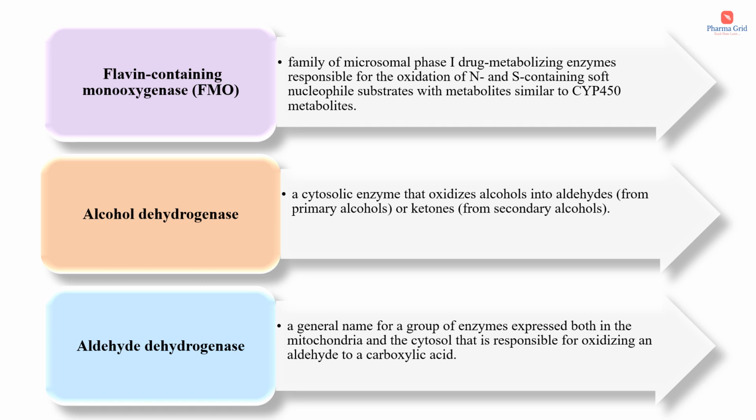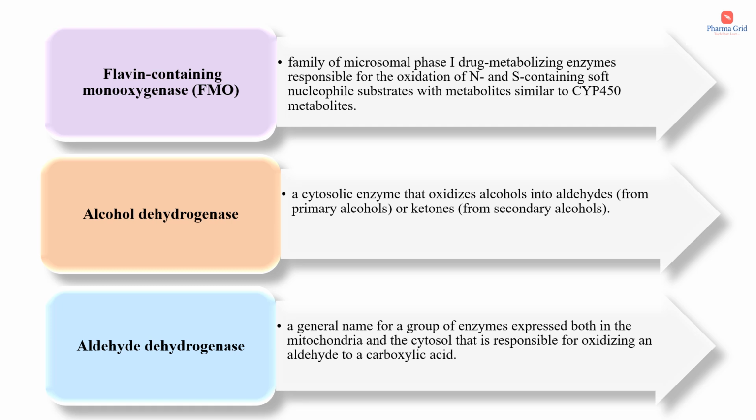It is a family of microsomal phase 1 drug metabolizing enzymes responsible for the oxidation of nitrogen and sulfur containing soft nucleophile substrates with metabolites similar to cytochrome P450 metabolites. Next is alcohol dehydrogenase. It is a cytosolic enzyme that oxidizes alcohols into aldehydes from primary alcohols or ketones from secondary alcohols. Next one is aldehyde dehydrogenase.